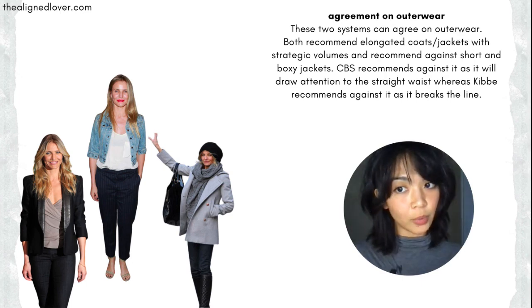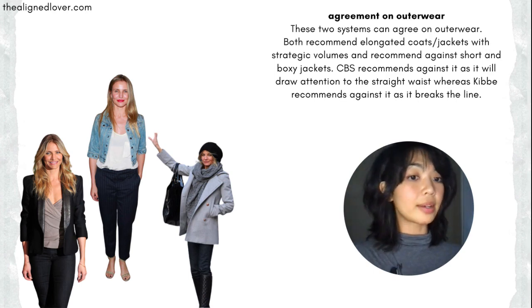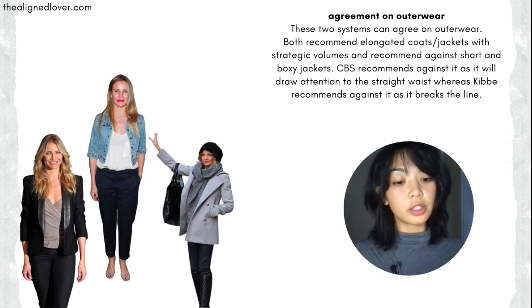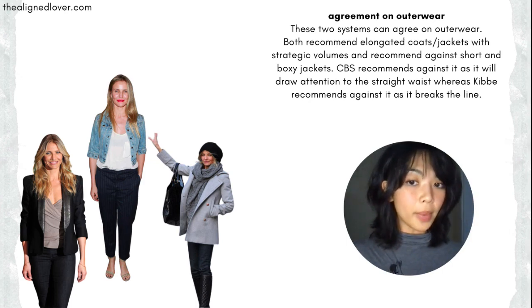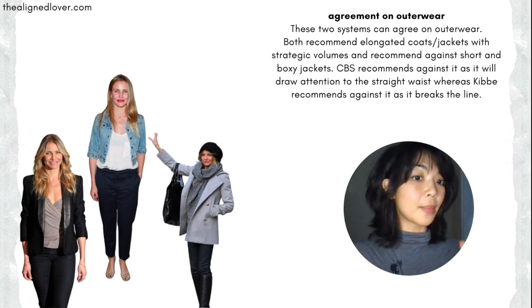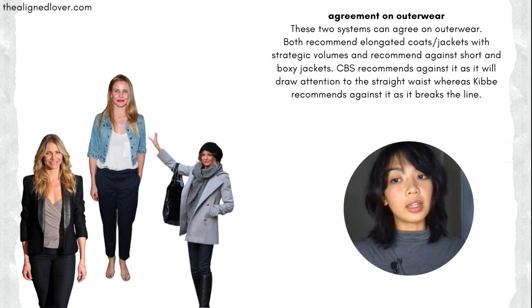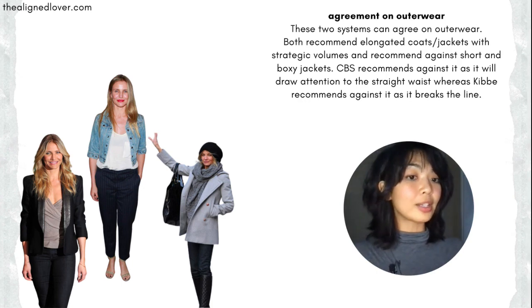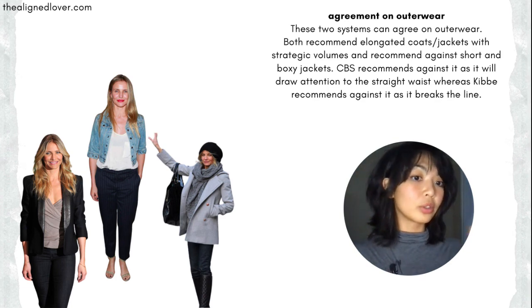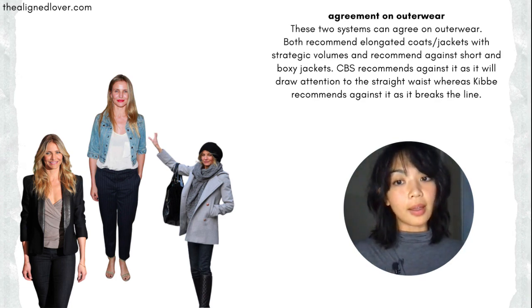The Kibbe system recommends against it for the flamboyant natural because it will break their continuous vertical line, and according to conventional body shape theory, they recommend against these short boxy jackets because it will draw a little bit more attention to the waist and add more bulk to the waist.